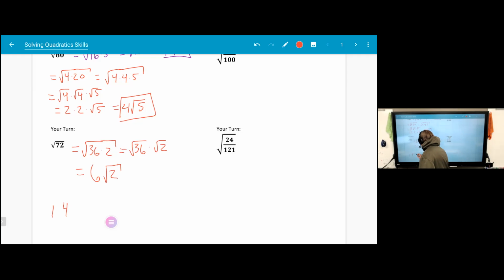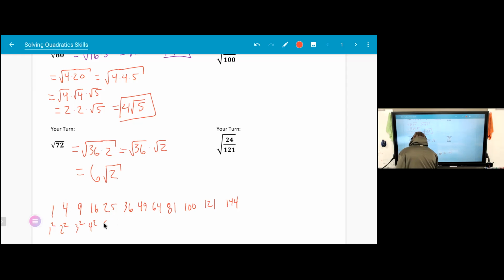We've got 9, 16, 25, 36, 49, 64, 81, 100. What's 11 squared? 121. 12 squared is 144. Remember, if you want to just write them down here, these are the squares.